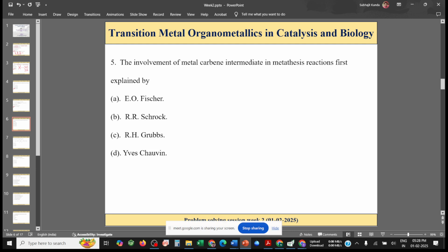The next question is the involvement of metal carbene intermediate in metathesis reaction.